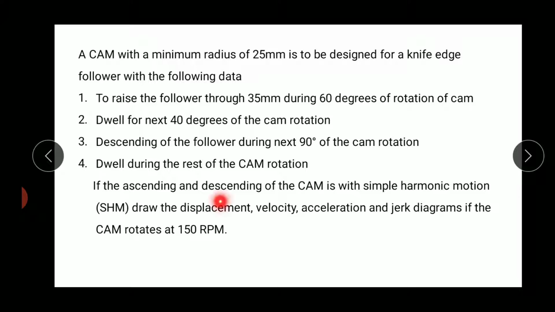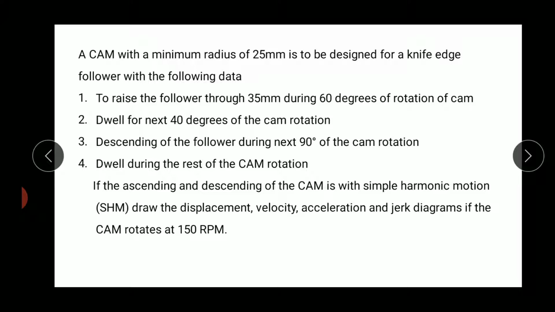If ascending and descending of the cam takes place with simple harmonic motion, that is SHM, draw displacement, velocity, acceleration and jerk diagrams if the cam rotates at 150 rpm. So the angular speed of the cam is given as 150 rpm.